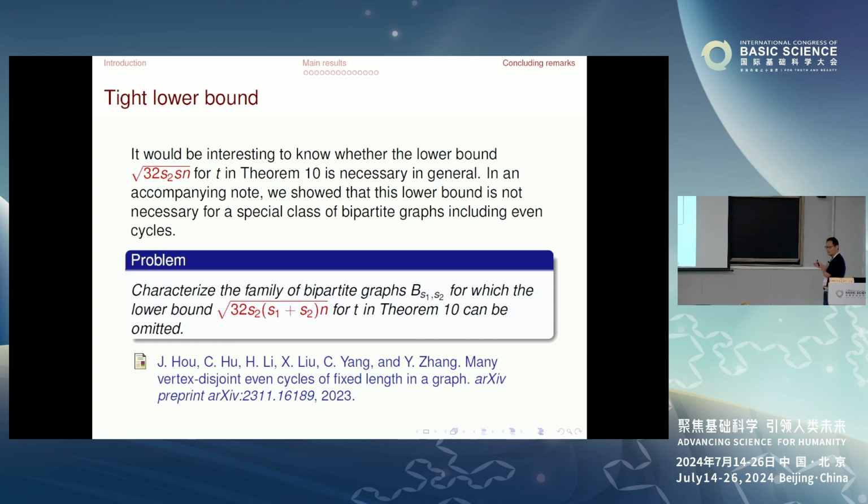The last bound is asymptotically tight. However, this bound is not asymptotically tight. So I think that the problem is to characterize the family of bipartite graphs for which the lower bound, this one, can be omitted.